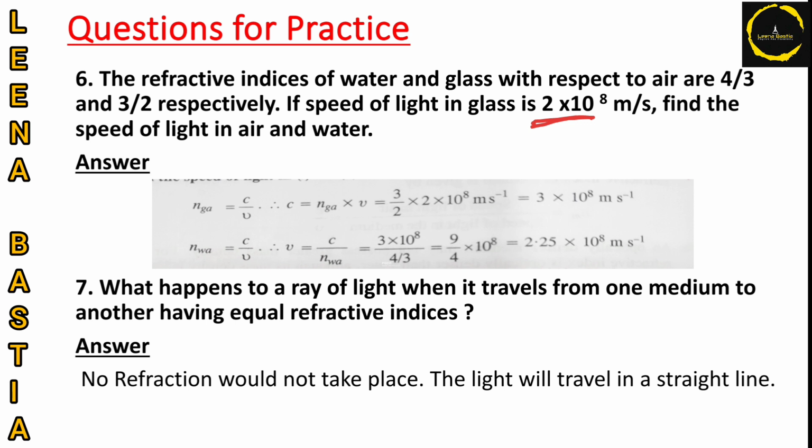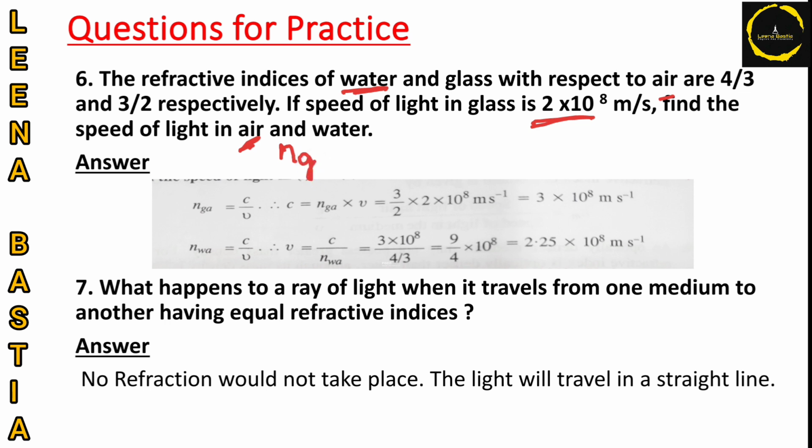So first, in case of air, we have to find out the speed of light. Clear? Just remember that we have the refractive index of water with respect to air, and the refractive index of glass with respect to air.